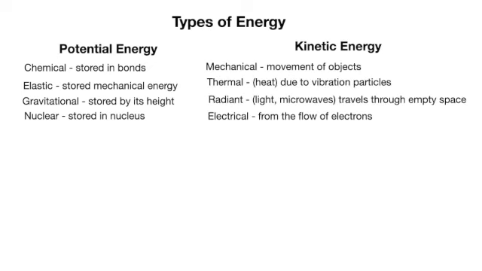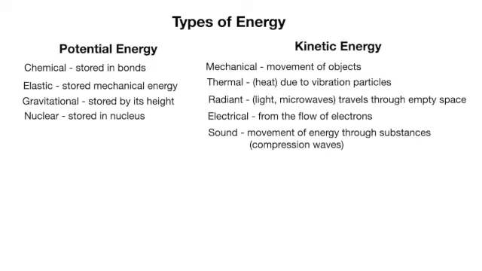And then kinetic energy is when the work starts to get done, in terms of motion. Mechanical energy is moving parts, pedaling a bicycle, the piston moving up and down. Thermal energy, when we talked about this in another part of the course, is when one object touches another and the particles vibrate and give off heat.